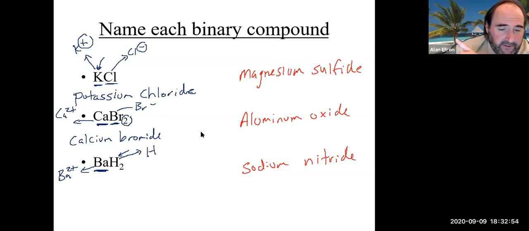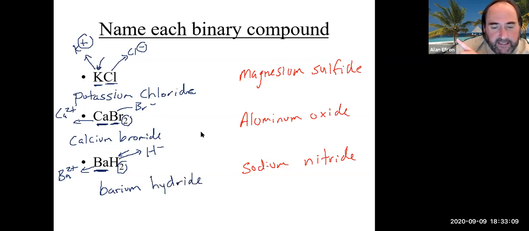So this is actually our H with a negative here, which is also why we need 2 of them to balance out the charge. But because barium is group 2, we will just use the whole name of barium, and hydrogen will become hydride in this case, IDE. Again, the 2 here has no effect on the name. The 2 here, as we talked about earlier, has no effect on the name either.